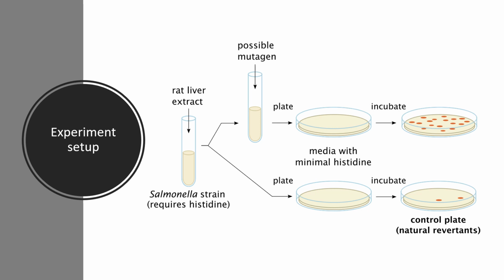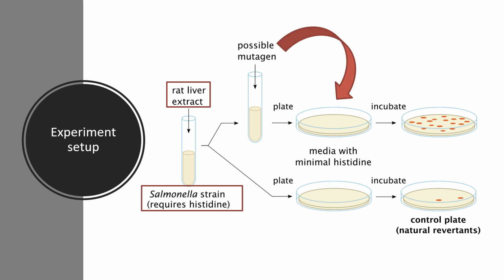In this experiment, we use Salmonella Typhimurium culture, which is an auxotroph for histidine, which means that it cannot synthesize histidine on its own, and to grow this organism you need to provide histidine in the medium. Another thing that you add is rat liver enzyme so that the test compound can be metabolized into the metabolic products. In one of the plates, that is the test plate, you add the possible mutagen and you incubate this plate. Now this plate contains a very minimum amount of histidine.